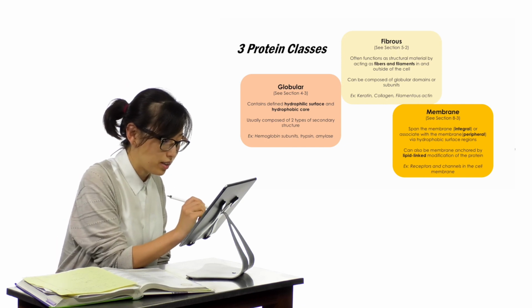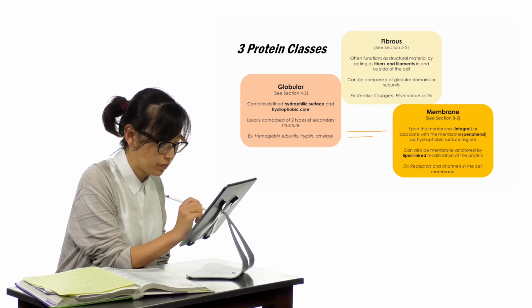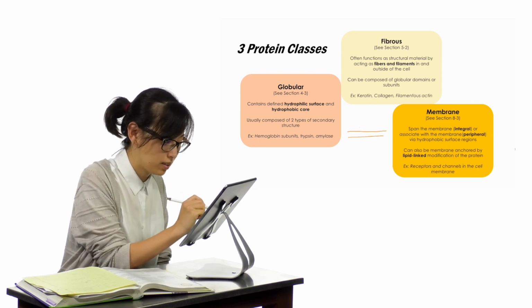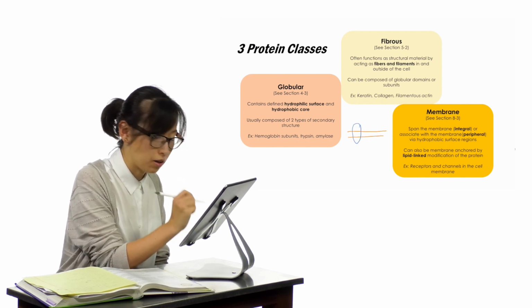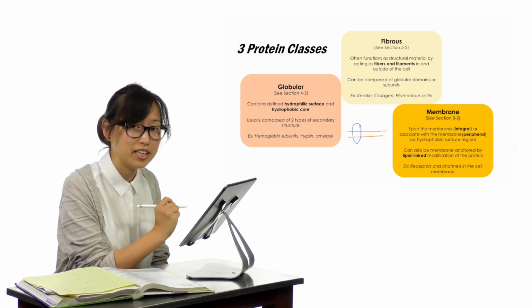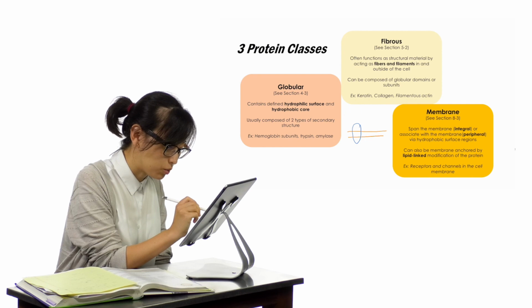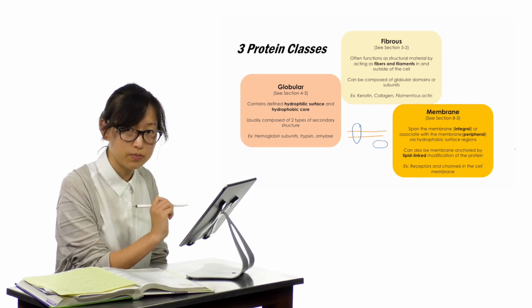Lastly, we have membrane proteins. Now, if we have a lipid bilayer membrane, a protein that spans the membrane, meaning it's present on both sides of the membrane, is called an integral membrane protein, whereas if it just associates with the membrane nearby, we call it peripheral.